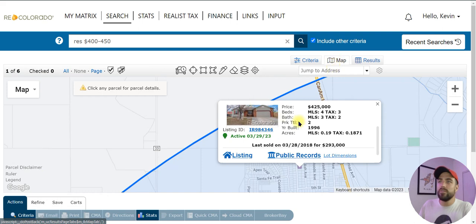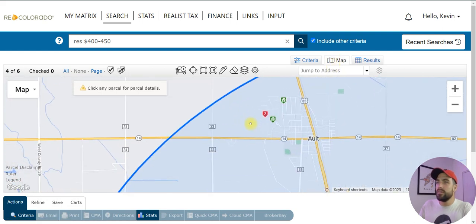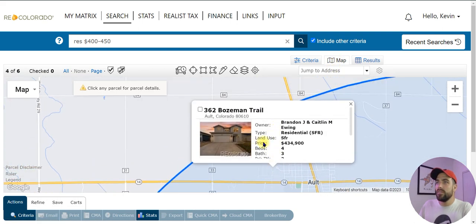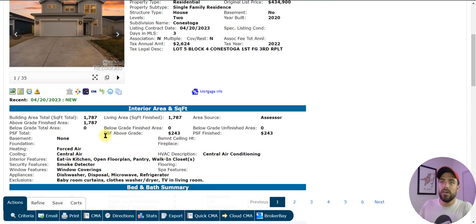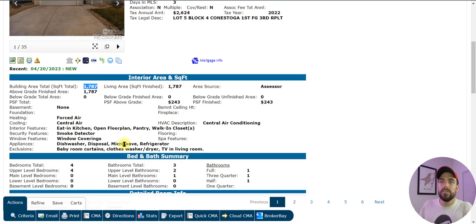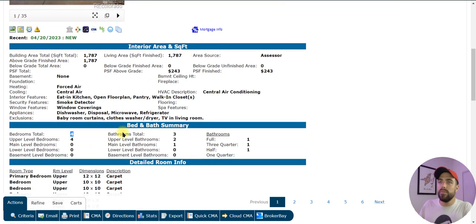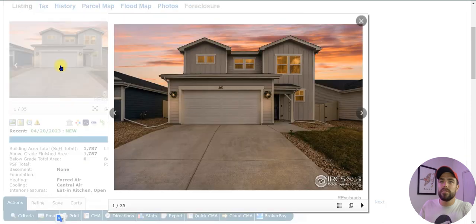Let's check out this other one. 434. So that is 2 stories. Quite a bit smaller than yours still, though. So maybe they don't have a basement because they've got 4 bedrooms, 3 baths as well.